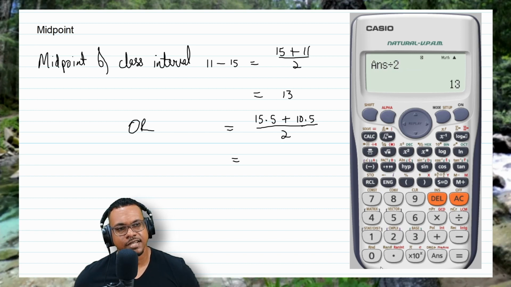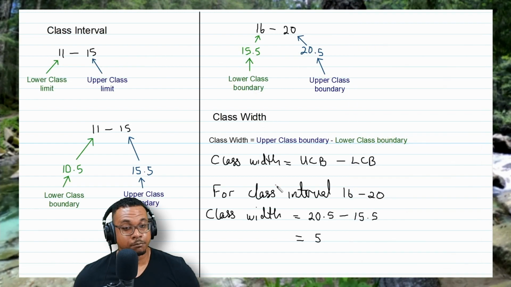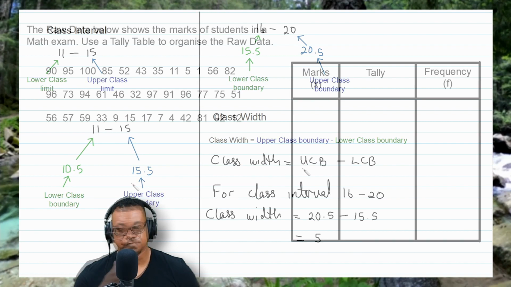And we can see we still get 13. So for the midpoint, it doesn't matter whether I use the class limits or the class boundaries to derive the midpoint. But for the class width, you must use the upper class and the lower class boundary. You cannot use the class limits.